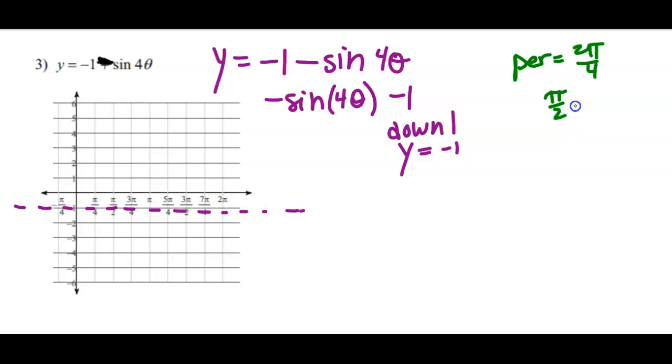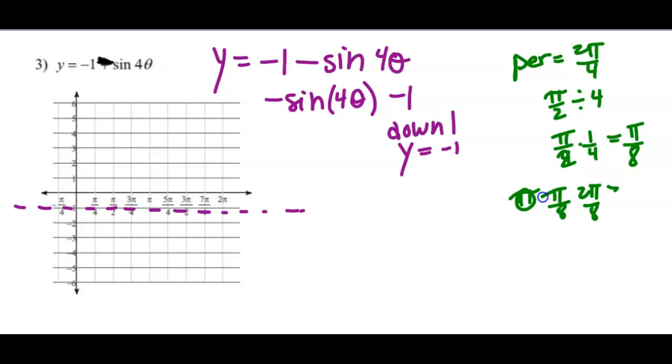Oh. So when we divide that by 4, we get pi over 8. They didn't really give us enough, did they? So we're going to count by pi over 8s. So it starts at, no, it doesn't have a shift. It starts at 0. And then we're going to add pi over 8s. 2 pi over 8, 3 pi over 8, 4 pi over 8.